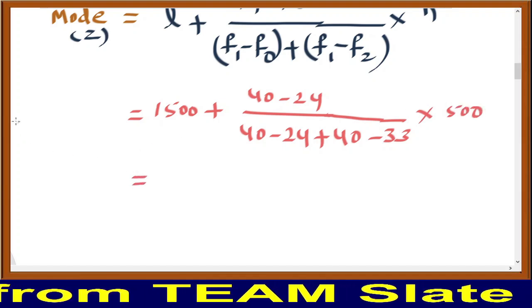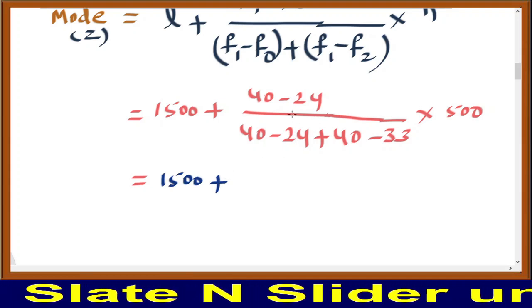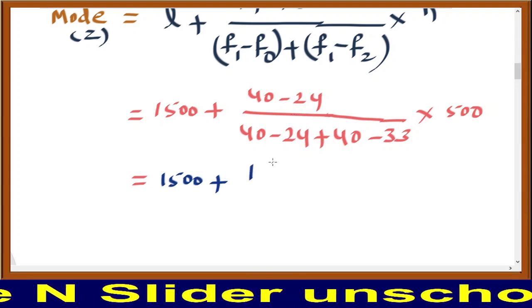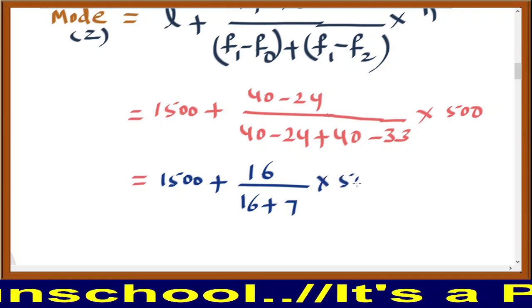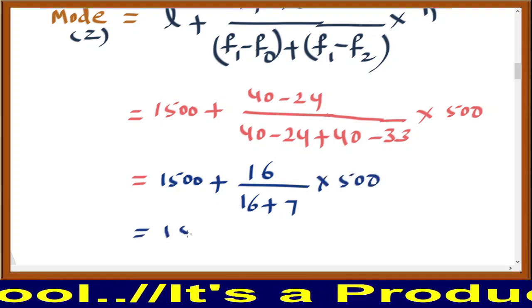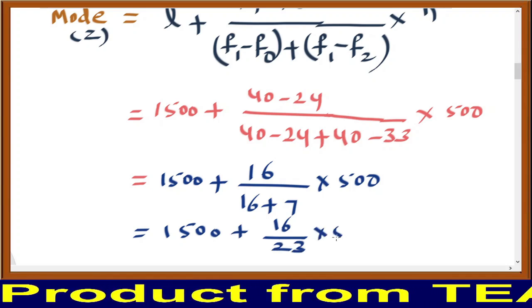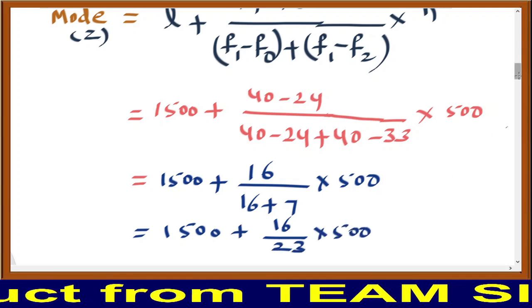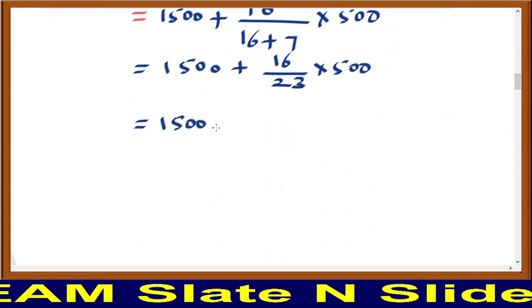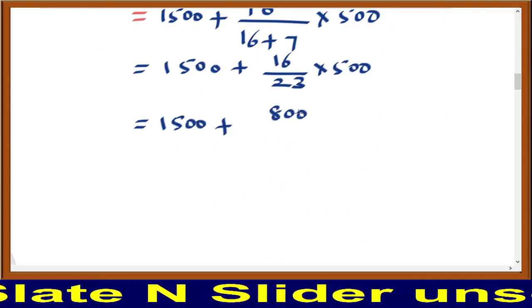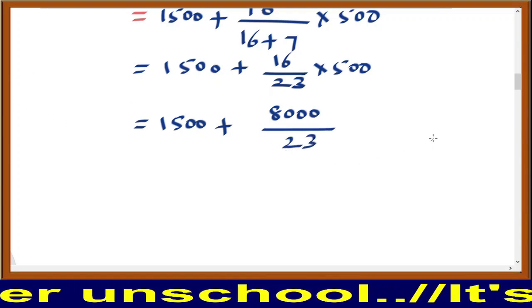Simplify. 1500 plus 40 minus 24, that is 16, by 16 plus 7, into 500. After simplification it becomes 1500 plus 8000 by 23. So divide 8000 by 23.